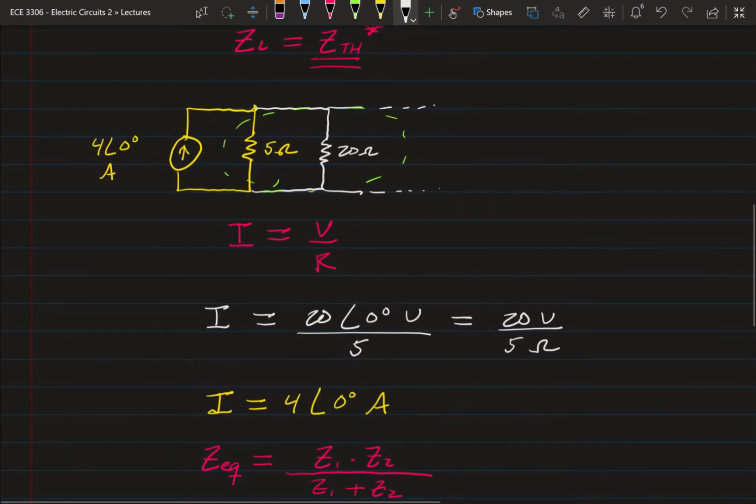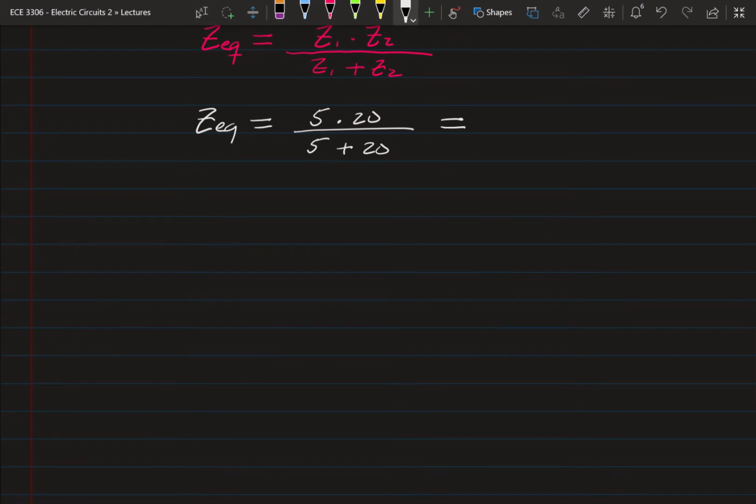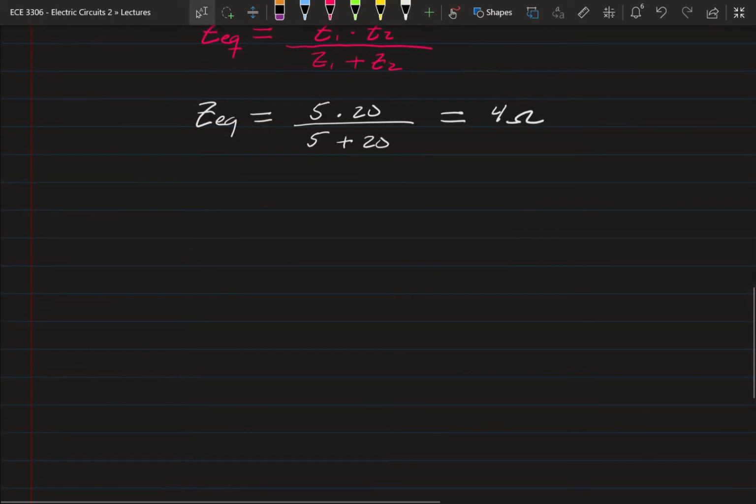So that's going to be 5 times 20 over 5 plus 20, which is equal to, let me punch it into my calculator real quick. 5 times 20 is 100, divided by 25 is 4. Oh, that's kind of embarrassing. I don't think I needed the calculator for that. Okay, 4 ohms. So let's go ahead and redraw our new circuit. We've got our 4 amps.